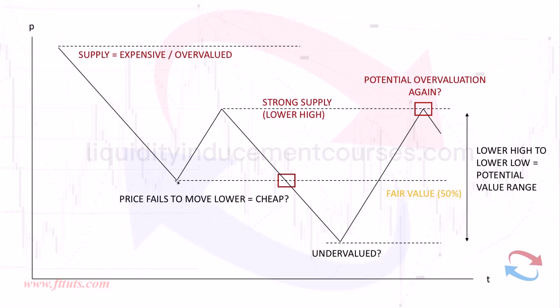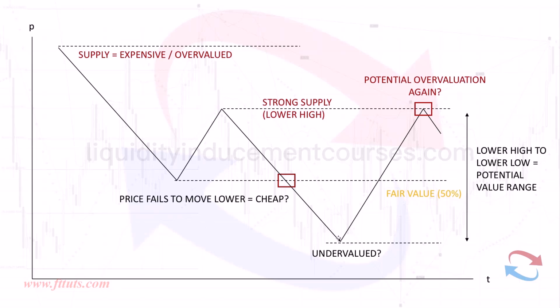We come down to a level, and this is considered a potentially cheap level if prices cannot break past it. When prices move back up and come down, if prices break through this potential cheap level, then this becomes an area of strong supply, and this is considered an expensive or overvalued level, right?